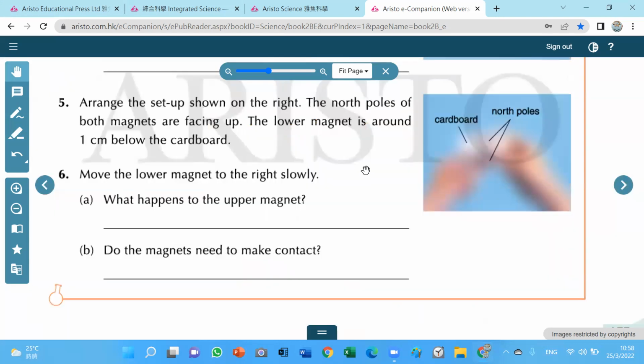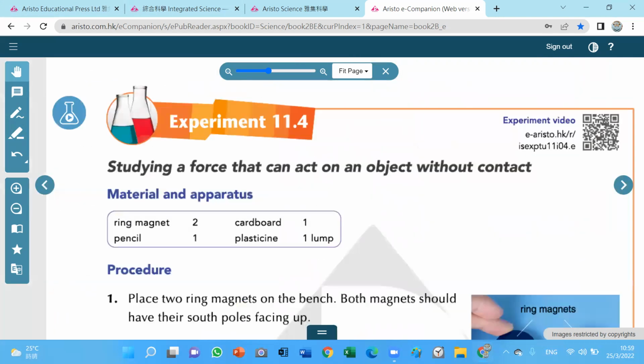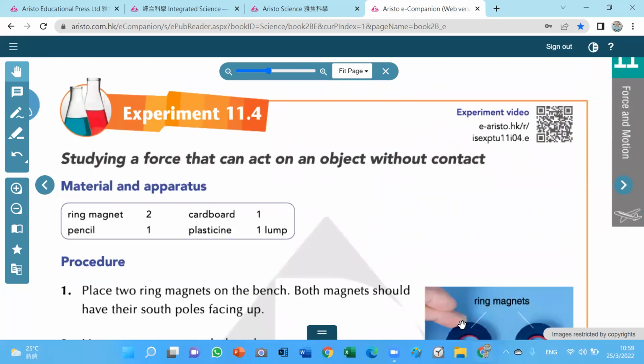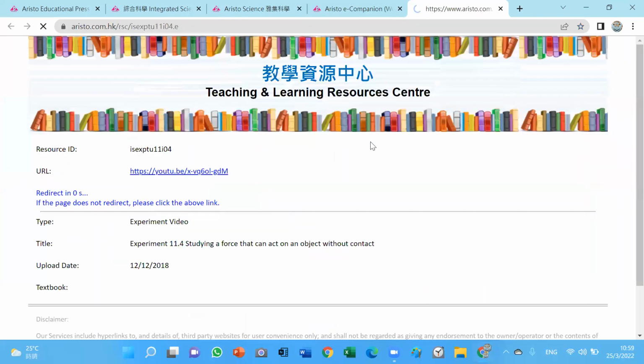So let's see experiment 11.4, studying a force that can act on an object without contact. So what exactly are contact force and non-contact force? Let's see this experiment.